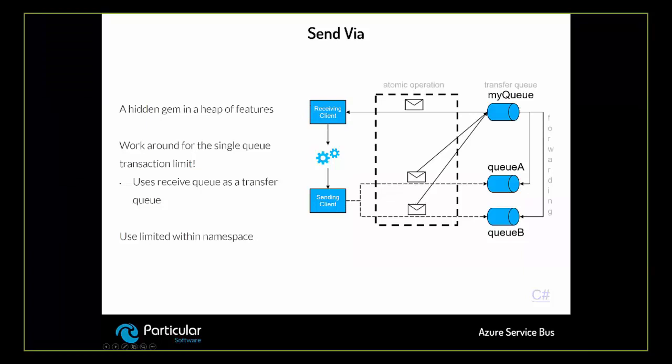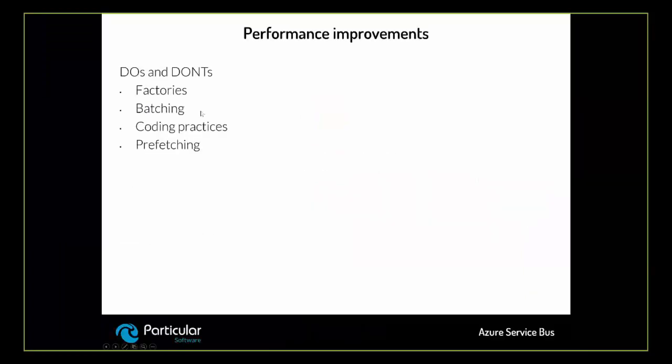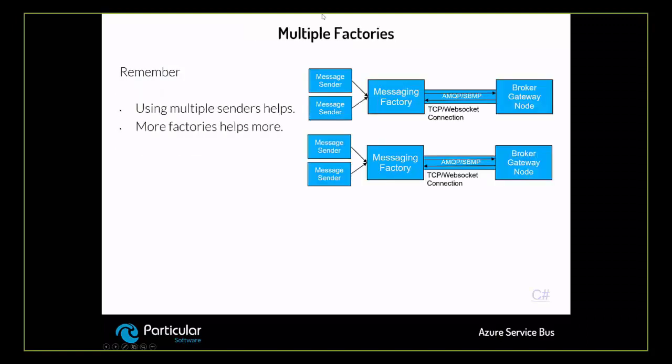Now let's briefly look at the performance. A few things that I'd like to highlight, the do's and the don'ts about factories, about batching, coding practices, and prefetching. So as Yves pointed out, factories are in essence connections with the broker, and using multiple senders definitely helps, but all the senders depend on the message factories that created those senders.